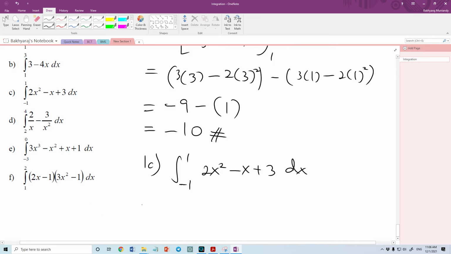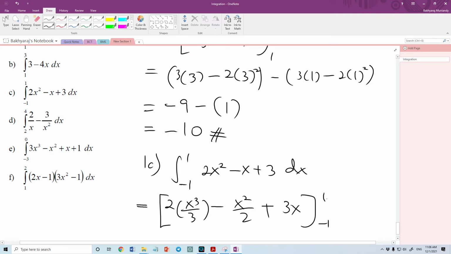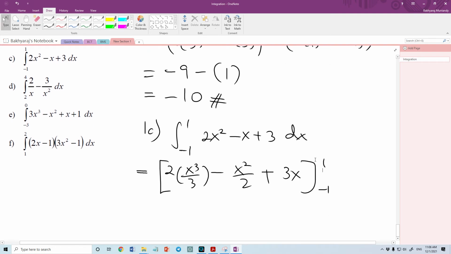So we need to integrate this: 2x power of 3 over 3 minus x power of 2 over 2 plus 3x, close bracket, negative 1 until 1. By putting square bracket, I can put the limit here, negative 1.